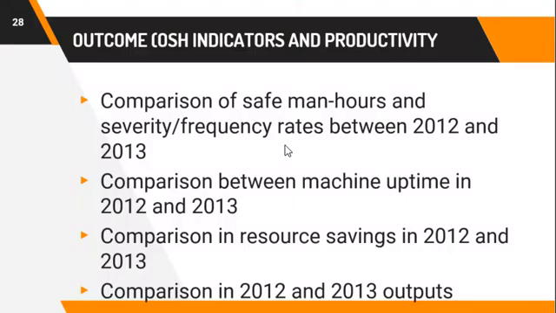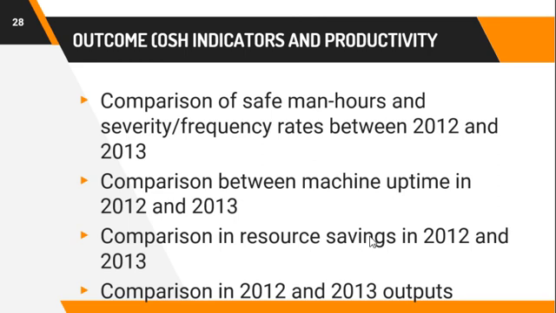So we also have the outcome or the OSH indicators and productivity. So we have here the comparison of safe man hours and severity frequency rates between 2012 and 2013. Oh, this is quite some years ago. Comparison between machine uptime in 2012 and 2013.